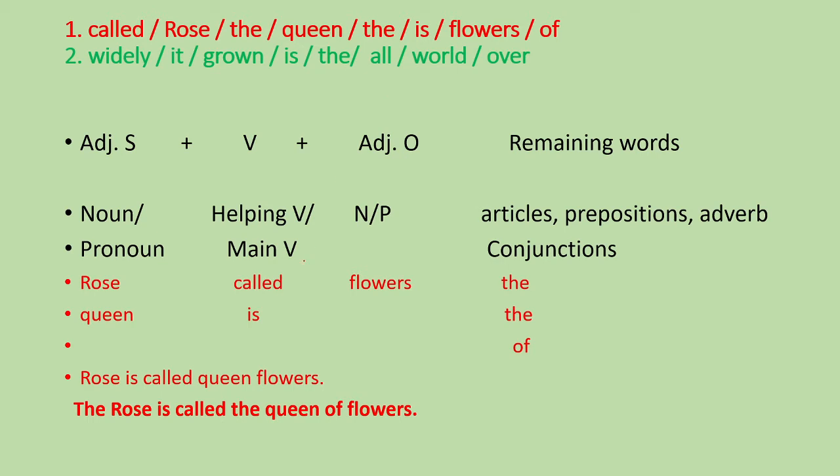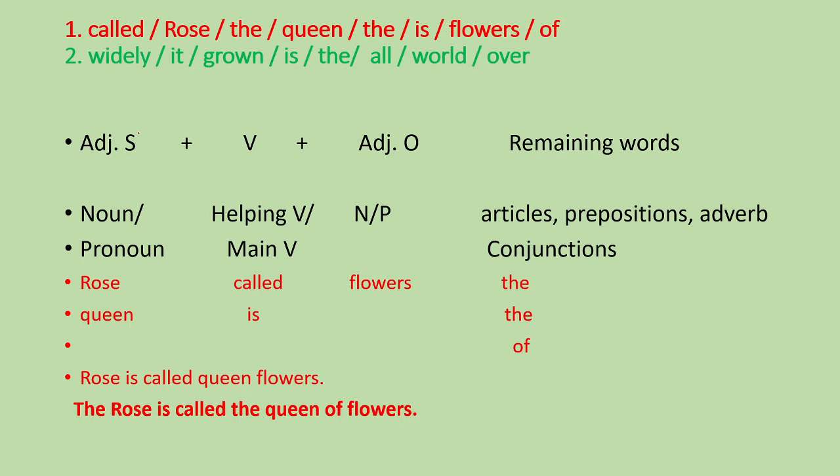Is, it is a helping verb, we will write it below V. Flowers, again it can be subject or object, we can write it here below object. There's no problem, we can even write them all under one category, and then while unscrambling we can decide which is subject and which is object. The next word, of, is left, so we write of under remaining words. Now when we have divided our words like this, it becomes easier for us to choose.